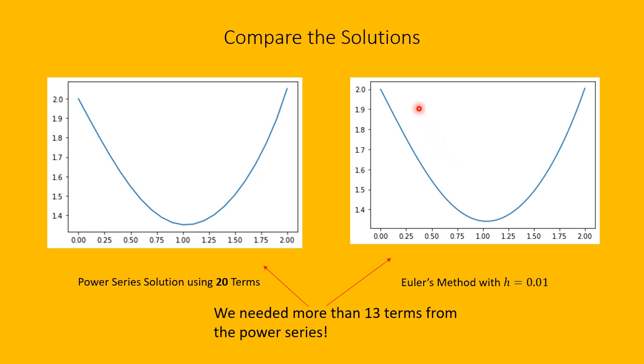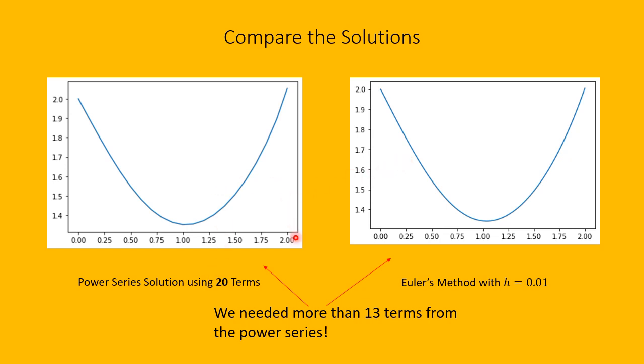What we have to remember is that neither one of these is the graph of the exact solution to that differential equation, that initial value problem. This one was a power series approximation, and this one, Euler's method, was a tangent line approximation. If you use small values of h here, and a large number of terms in the power series over here to do our approximations, these two curves should be pretty close.